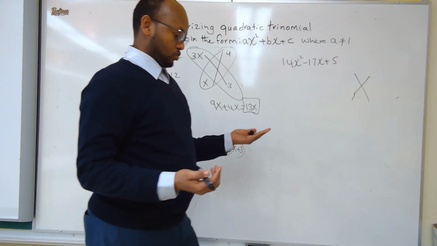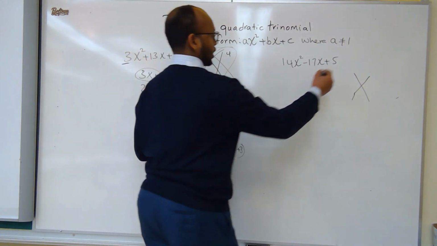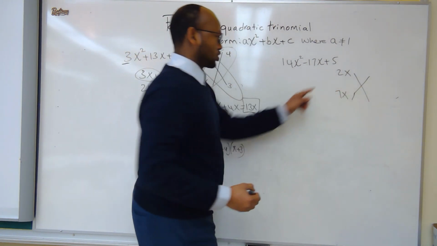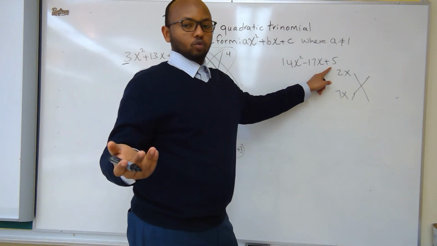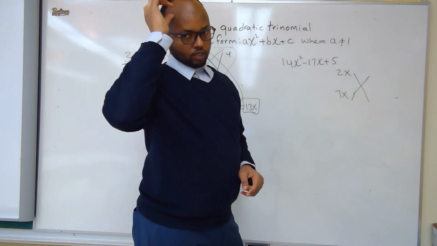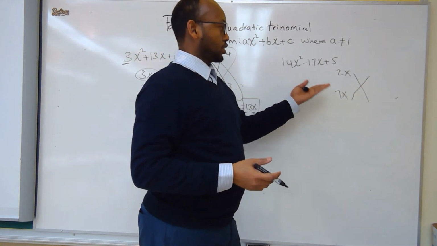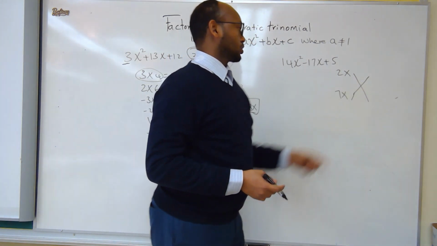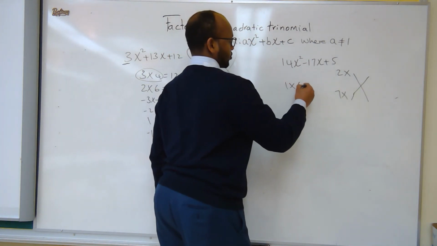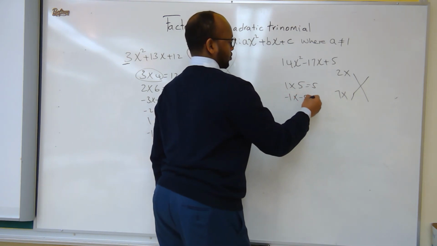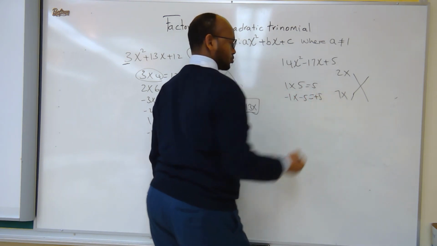I would like to put 2x here and 7x, because I cannot take 1 times 14. So this is 2 and 7. 2 times 7 is 14. Here is a minus, here will be minus. 5 comes from 1 times 5, which is 5, and minus 1 times minus 5, which is 5 also.